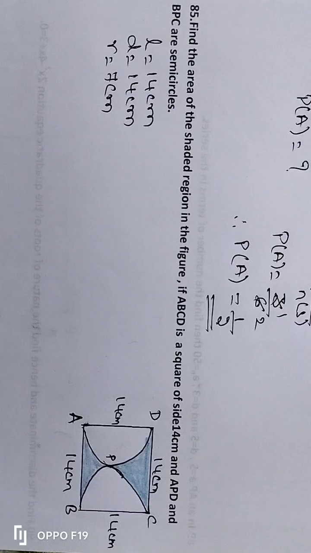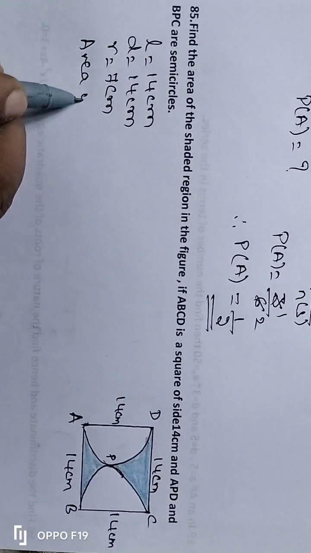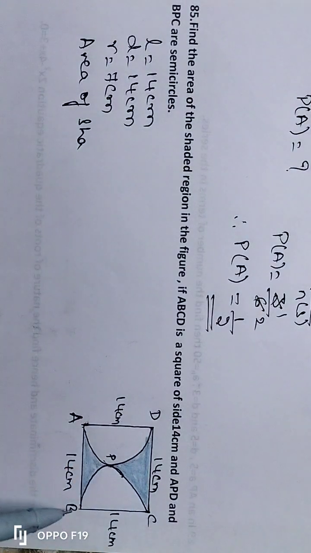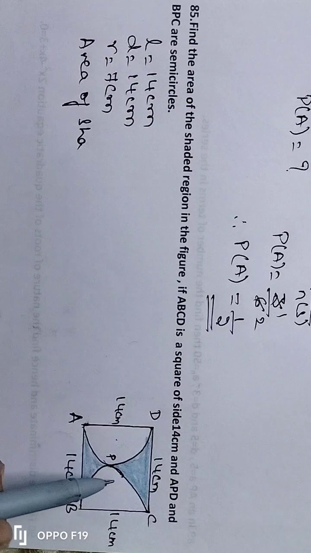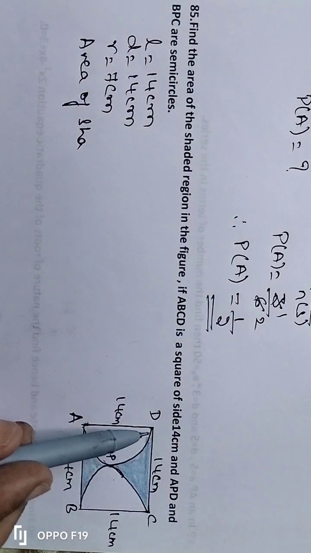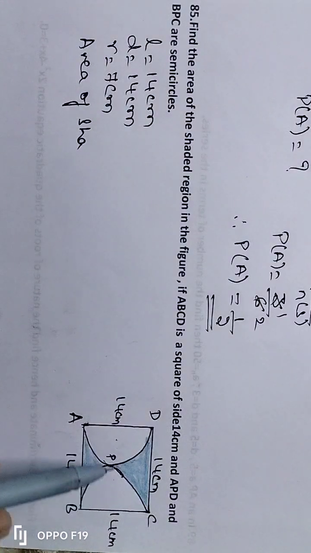Now we have to find out the area of the shaded region. So to find the area of the shaded region, from the area of the square you have to subtract the area of two semicircles. One thing you keep in your mind, if you add two semicircles, it will become a circle.